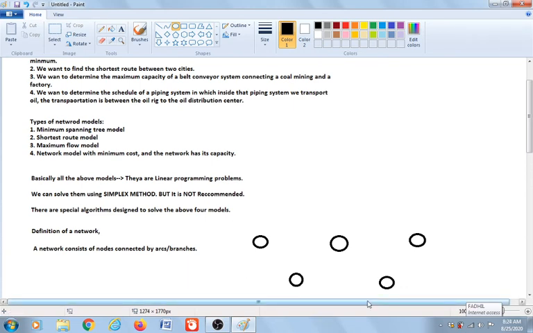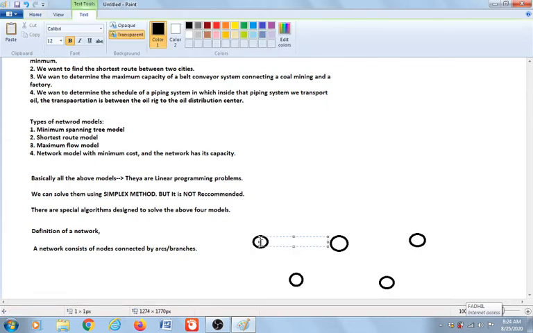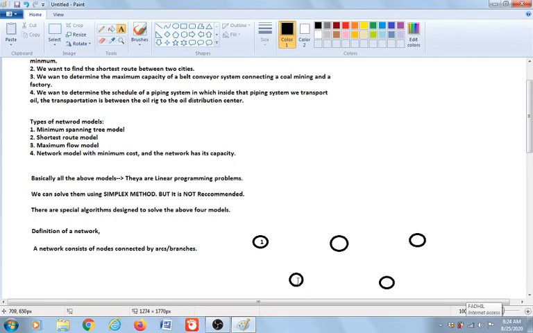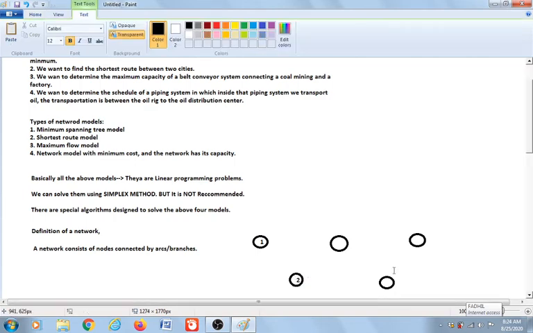So the nodes are represented by a circle. So we will put a number on the node. This is node number 1. This is node number 2.